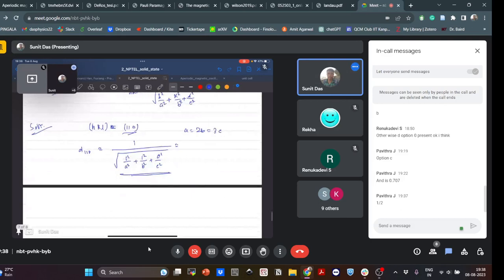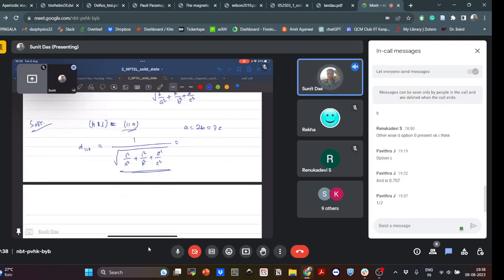So then a is itself a, and b is a by 2, from this information itself, and c equal to a by 3. So if we apply this, 1 by a square plus 1 by a square into 4, right?